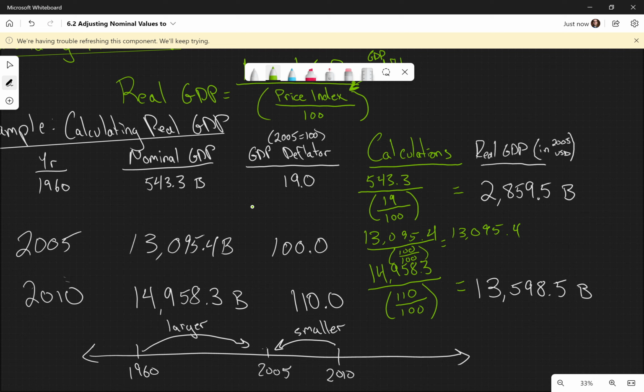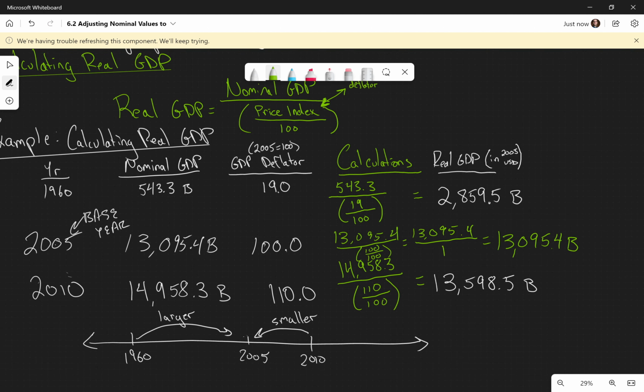So the real GDP in the base year, this is our base year, is always going to exactly equal the nominal GDP whenever we calculate it for that base year. Because essentially that price index just becomes 100 divided by 100, which becomes 1. Does that make sense to everyone? Okay, sweet.